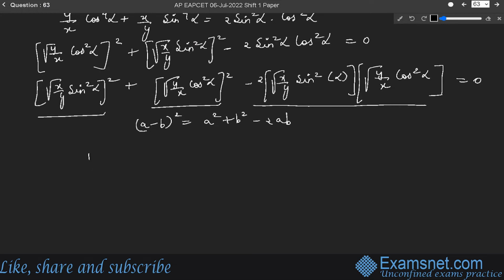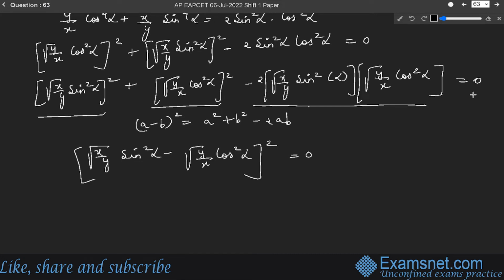So it becomes (√(x/y) sin²α − √(y/x) cos²α)², which is (a − b)², equal to 0. Therefore, we can say that √(x/y) sin²α is equal to √(y/x) cos²α.